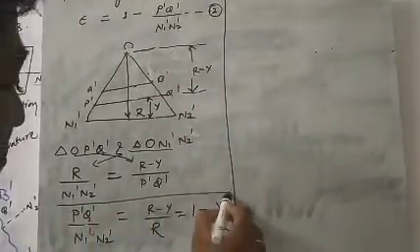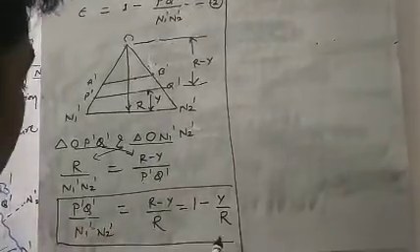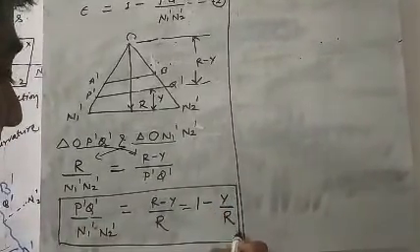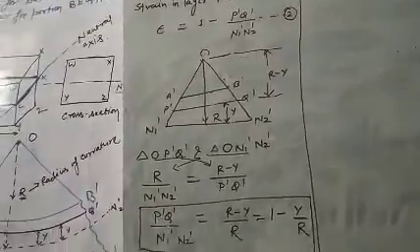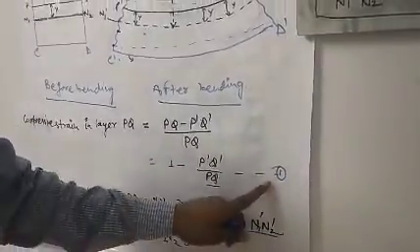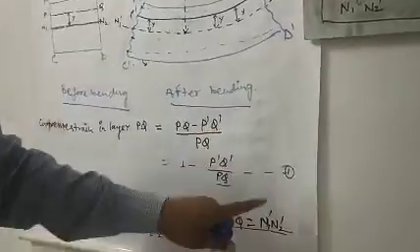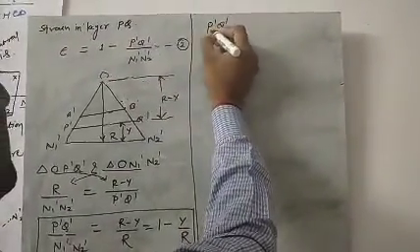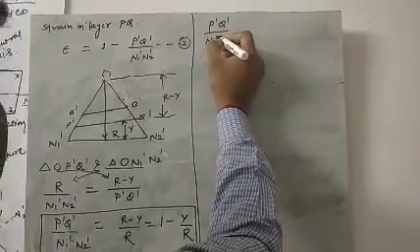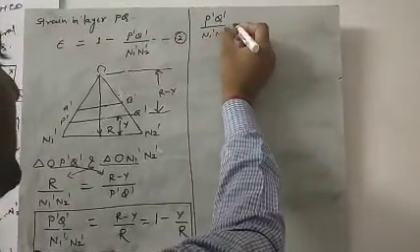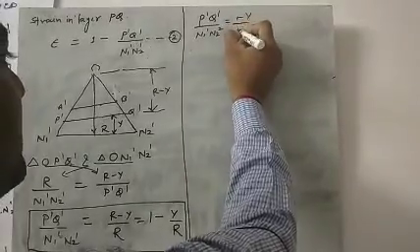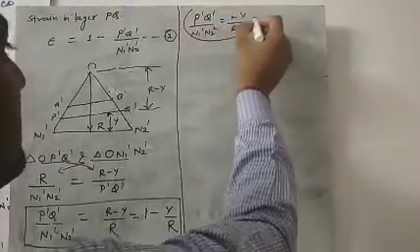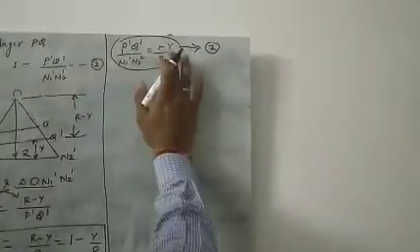Put this value of P'Q' upon N1'N2', which is 1 minus Y upon R, into equation number 2.